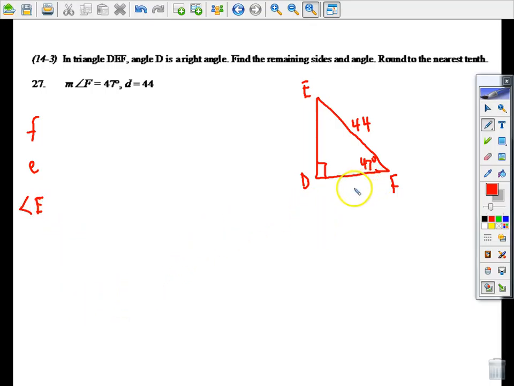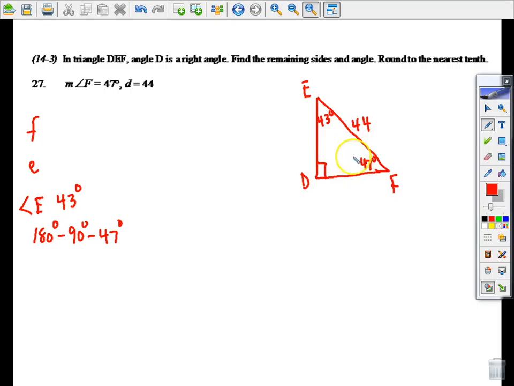Okay. Well, I guess we could go ahead and get angle E first. That's pretty easy. We're just going to do 180 degrees, because that's the sum of all three angles, minus 90, minus 47, and that ends up being 43 degrees. Okay, so how are we going to find these other sides?